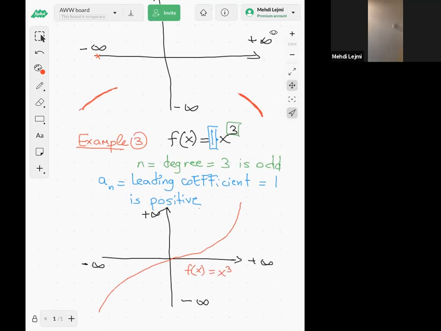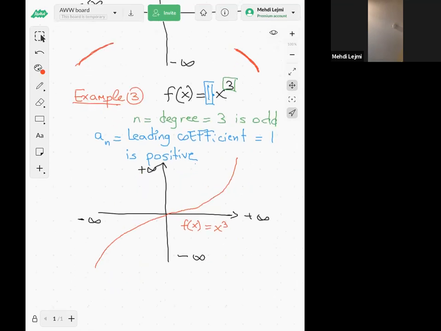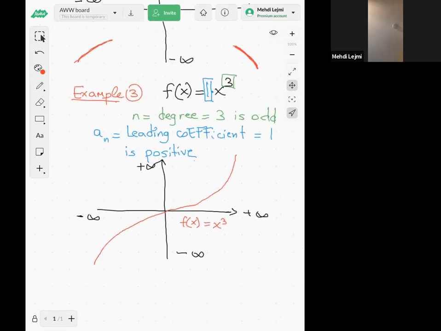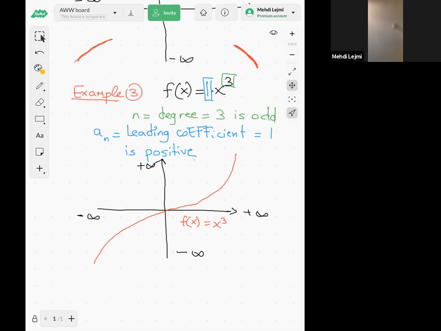Let's see what happens when x goes to positive infinity. Then the output y is going to approach positive infinity.